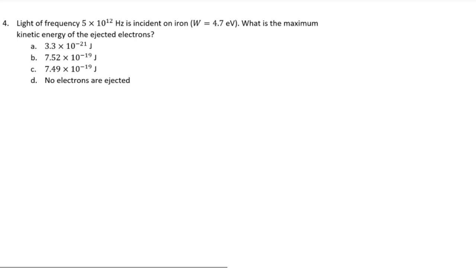To begin, therefore, we need to check that the energy of the light is greater than the work function of the metal, which is iron in this case. What are we told in the question? Well, we are told that the frequency of the light f is 5 multiplied by 10 to the 12 Hz, and we are also told the work function of iron in electron volts. It is 4.7 electron volts.